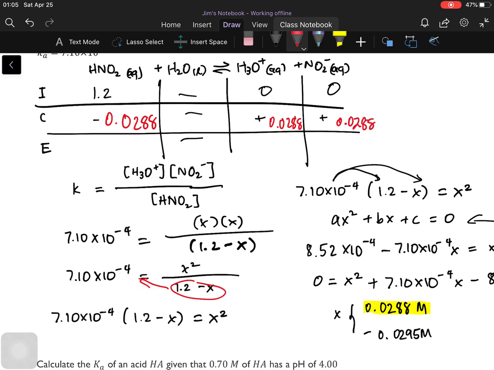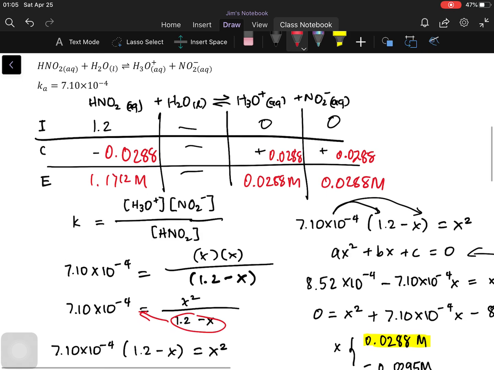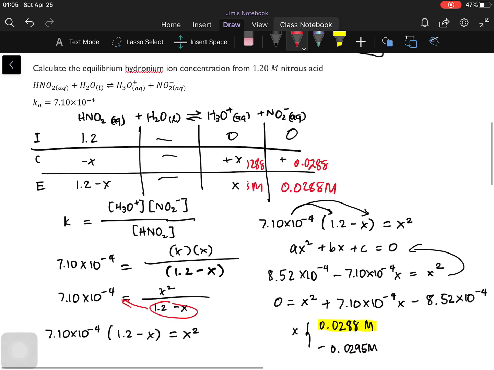So what's 1.2 minus 0.0288? This is 1.1712 molar. This is 0.0288 molar and 0.0288 molar. So that, okay, that's how you solve for the equilibrium concentration.